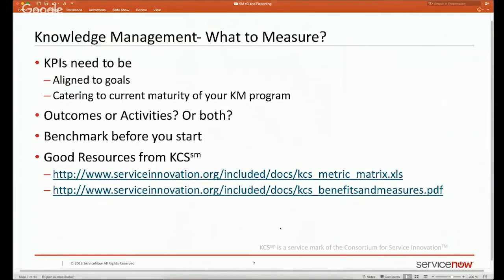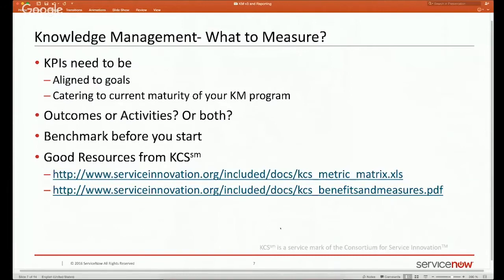Also, you need to cater to your current maturity of the KCS program. If your goal is reducing support cost and you are in the first 6 months of your program, you might not see that, and it's hard to measure some of those outcomes. So it depends upon where you are in the program.